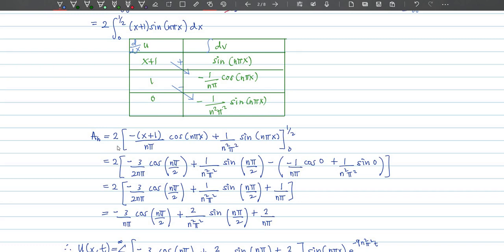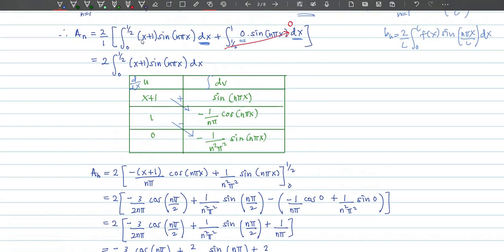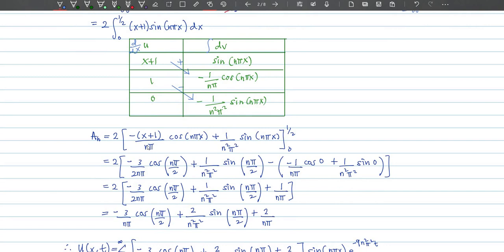So a_n is equal to 2 times, open the bracket, positive, positive, negative, therefore negative (x plus 1) over nπ. Remember, x plus 1 should be written in brackets because it is one function by itself. So negative (x plus 1) over nπ, cos(nπx), then positive, negative, negative will be positive: positive 1 over n²π² sin(nπx), substitute from 0 to half.